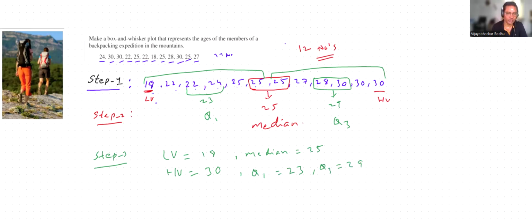Now we have these five elements. Draw a number line for this first. Let us choose a different color here.